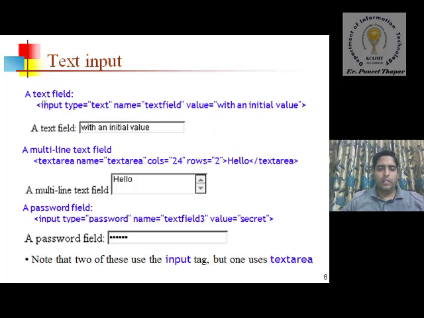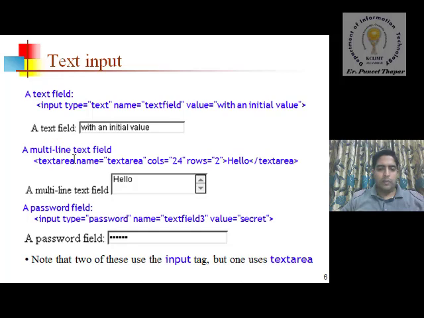A text field is written like this, and after that we define the name or id of this text field, and the value is the initial value that is already written in this text box. If you want a predefined default text to be written, you can write it like this. If you don't want it, you simply don't use the value parameter here.